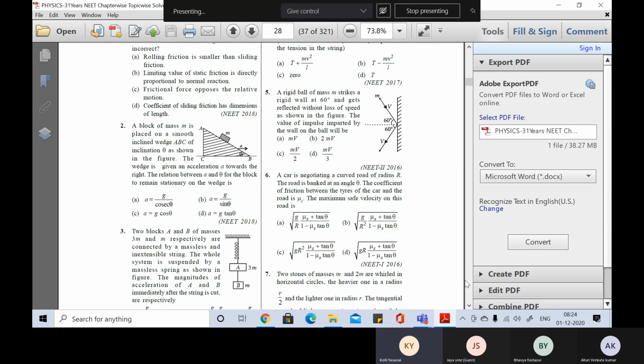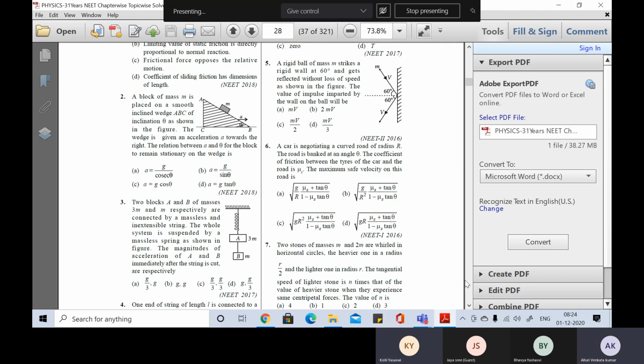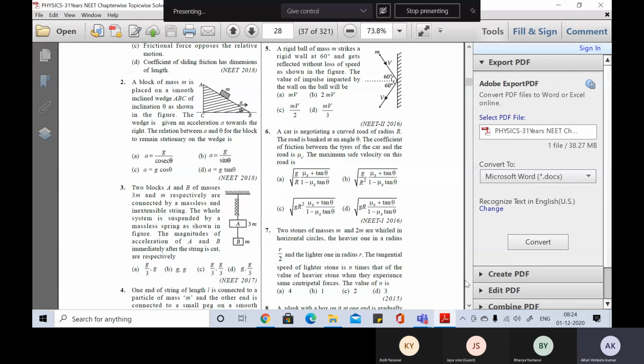Can you show the options? The options are g by 3, g; g, g; g, g by 3; g by 3, g. This was asked in NEET 2017.